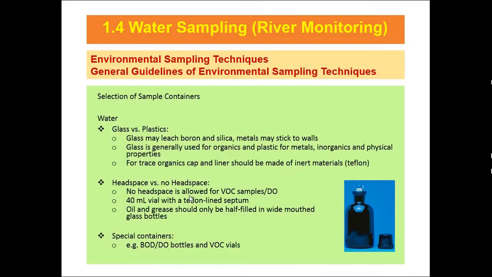The selection of the sample container: glass and plastic. Glass may leach boron and silica, and metal may stick to the wall. So whether you sample using a glass or plastic container, you need to look at the parameter that you want to analyze.